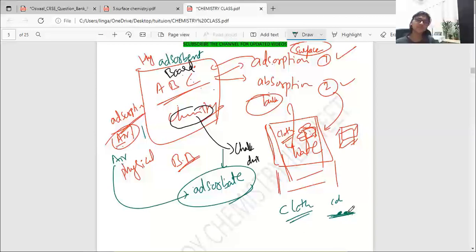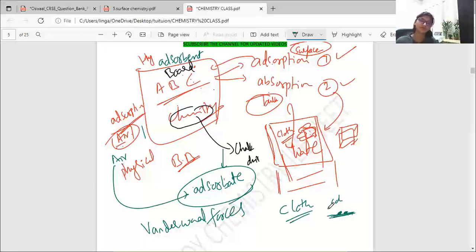Chemical. 100% chemical bond. First of all, we have to know what physical bonds are. Physical bonds are just van der Waals forces. Do you know van der Waals forces? The weakest forces in chemistry. In between gas molecules, van der Waals forces are present.